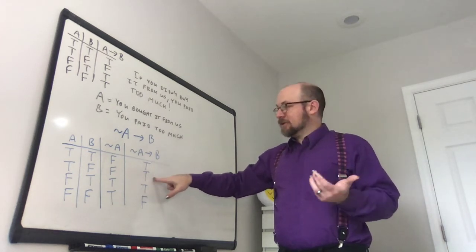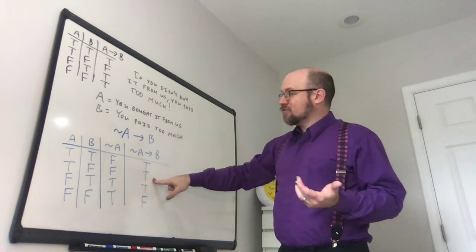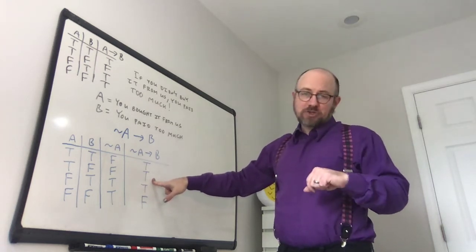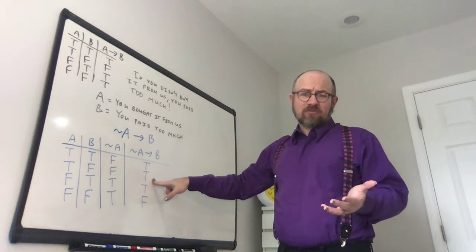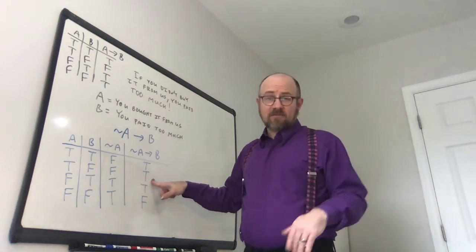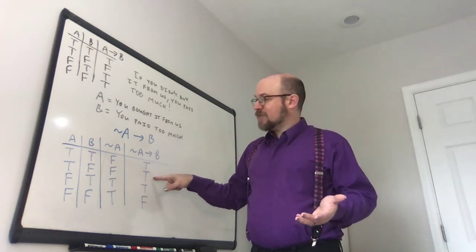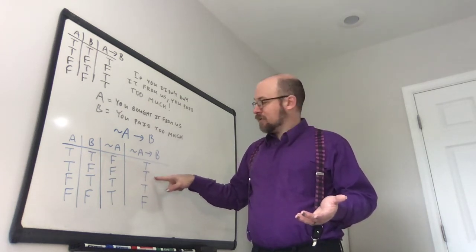Similarly, if A is true and B is false, so if you bought it from us, you didn't pay too much, which is what they're implying. That's really what they're trying to say, that if you bought it from us, you got a good deal. You didn't pay too much. That's the situation that they want to be true.